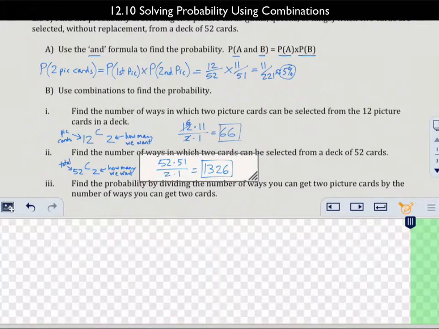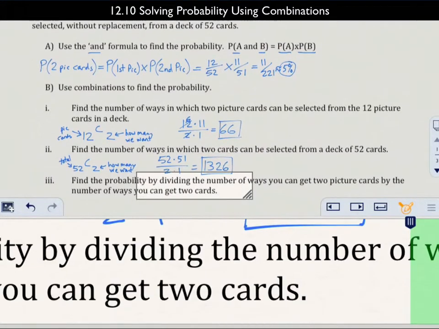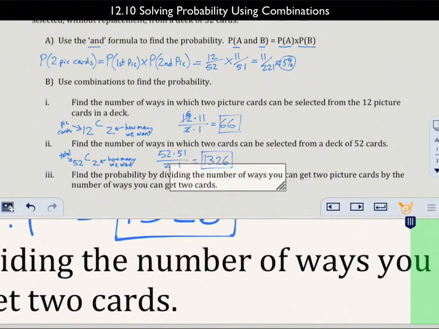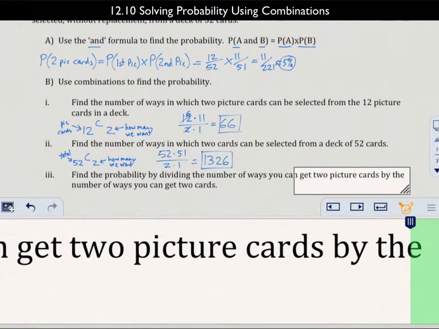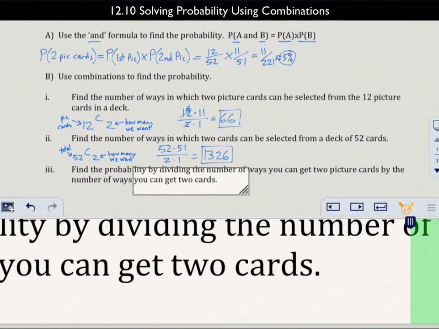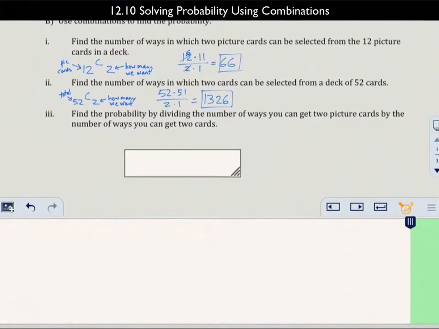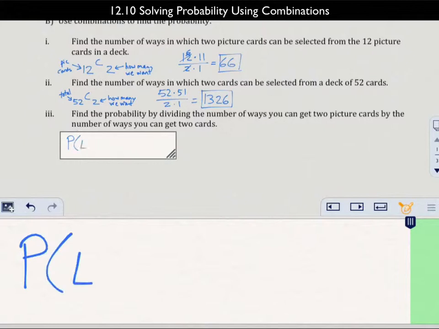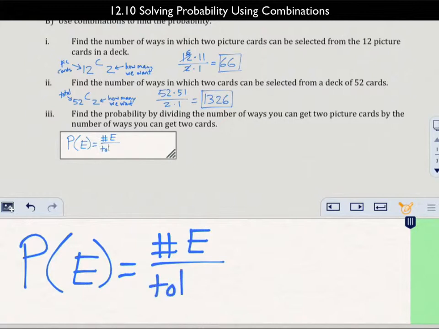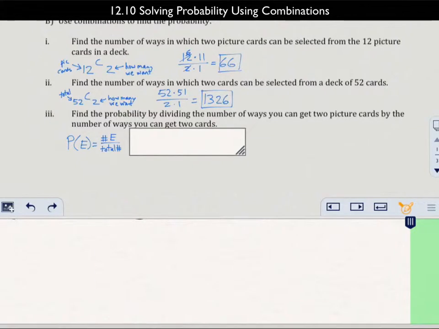Now we want to find the probability by dividing the number of ways you can get two picture cards by the number of ways you can get two cards. You'll remember that the probability of any event is the number of the event over your total number. So we're trying to find the probability of two picture cards.